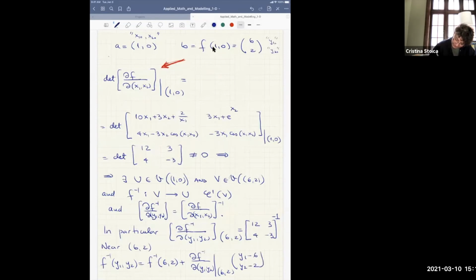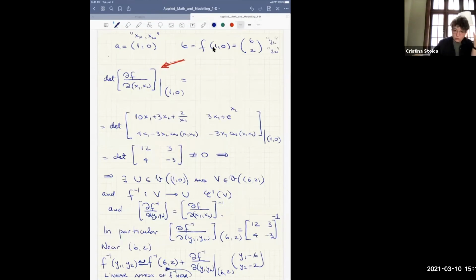And this is the linear approximation of F^-1 near this point. It's nothing else but the first term in the Taylor expansion.